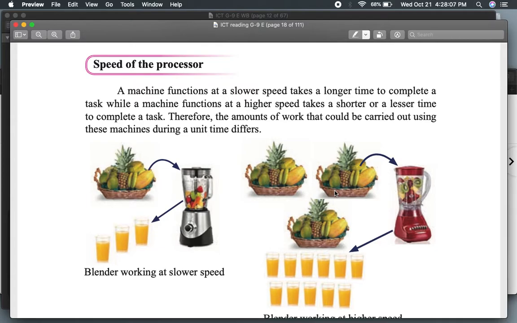Speed of the processor. A machine that functions at a slower speed takes a longer time to complete a task, while a machine that functions at a higher speed takes a shorter or lesser time to complete a task. Therefore, the amounts of work that could be carried out using these machines during a unit time differs.